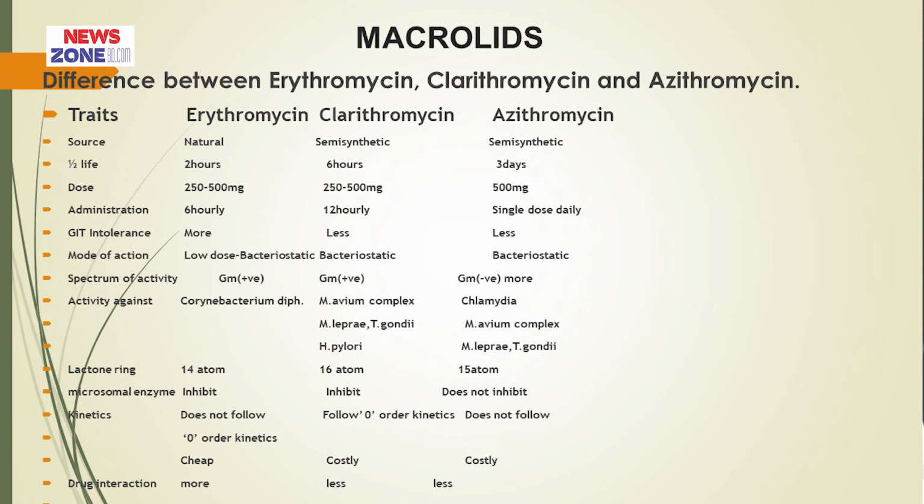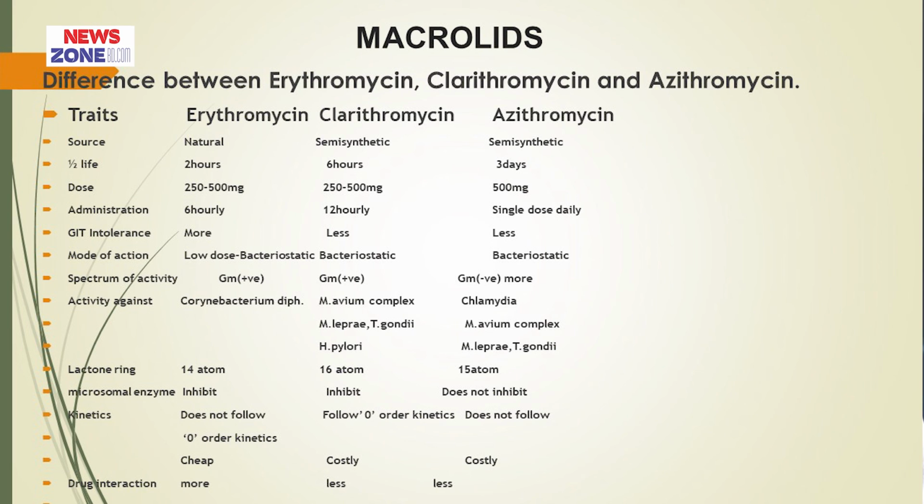Lactone ring is 14 atom in case of erythromycin, 16 atom in case of clarithromycin, and 15 atom in case of azithromycin. Now, the microsomal enzyme. Erythromycin inhibits microsomal enzyme, clarithromycin also inhibits microsomal enzyme, azithromycin does not inhibit microsomal enzyme.